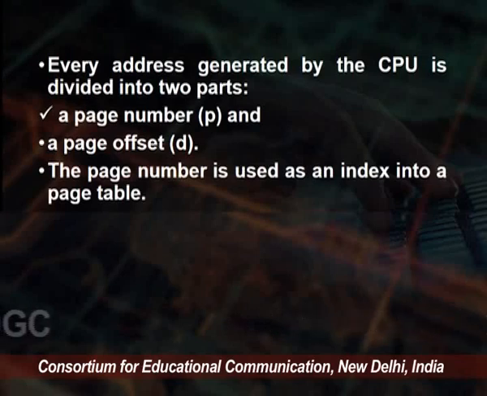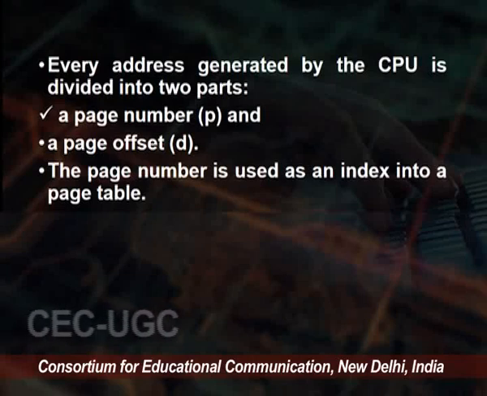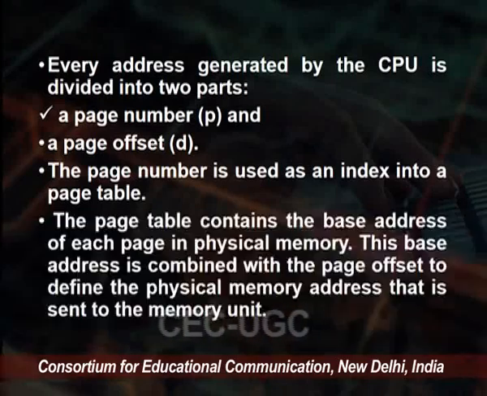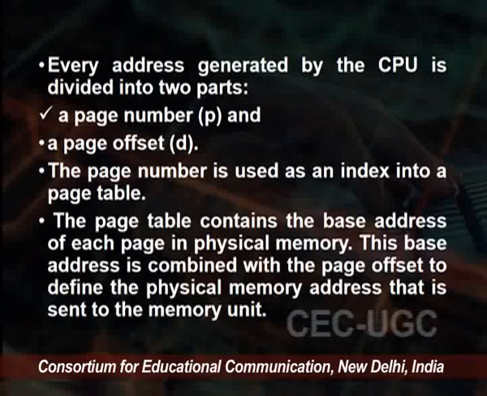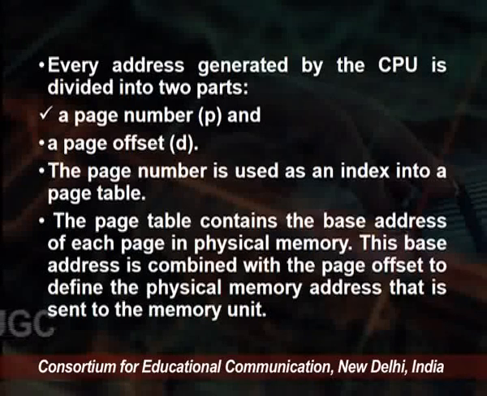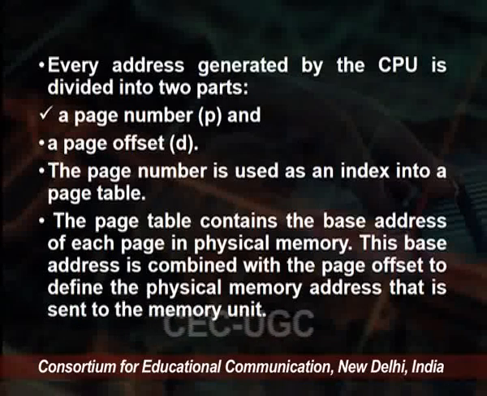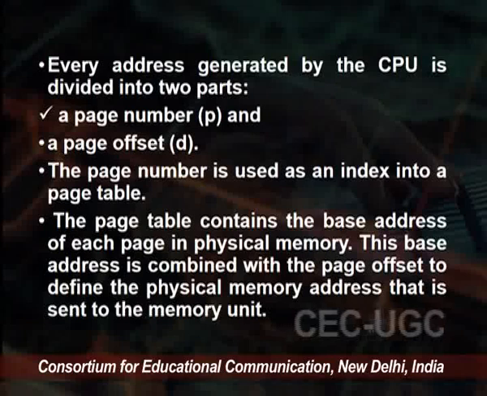Now, this is very important: what is a page table? A page table contains the base address of each page in the physical memory. Base address means where the particular page is stored in the physical memory.